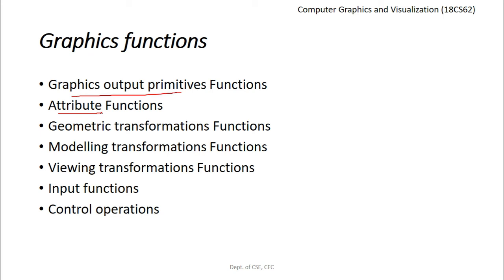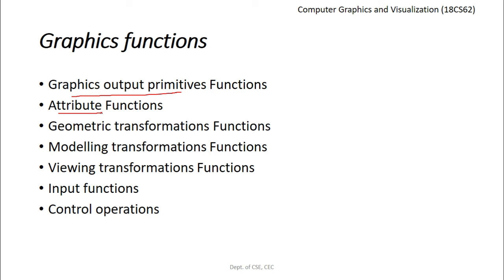So attribute functions include color specifications, with what color you want to draw a given object, different types of line styles, text styles, with what font and what color you want to display a text, and other area filling patterns, whether we are going to fill a given rectangle with a solid color, a shaded color, or a given pattern, and so on.